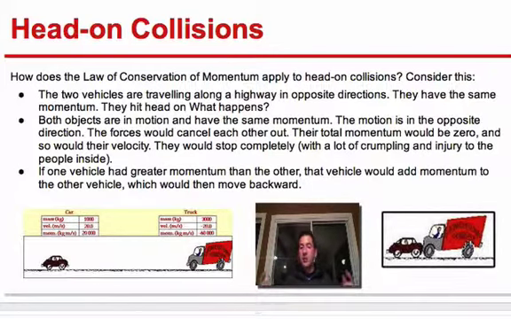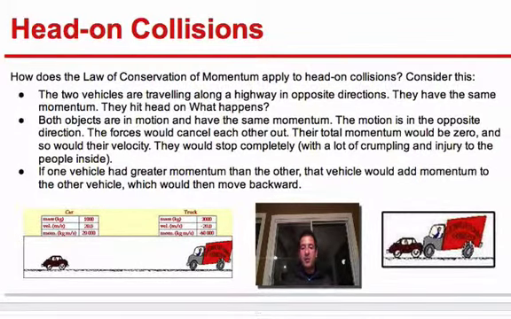Both objects are in motion with the same momentum, but in opposite directions. The forces would cancel each other out, so their total momentum would be zero, and therefore their velocity would be zero because there's no movement.